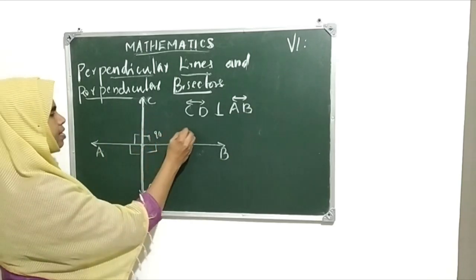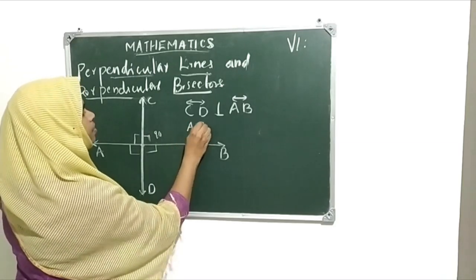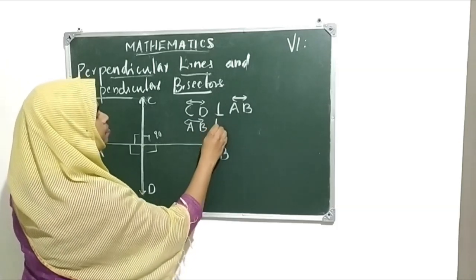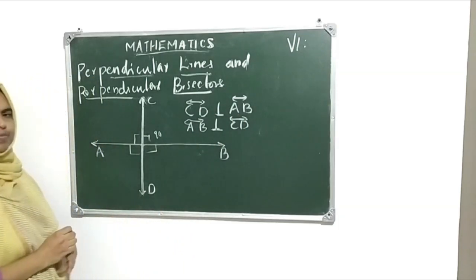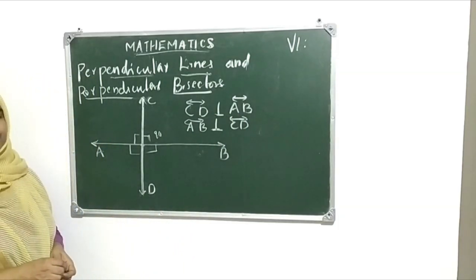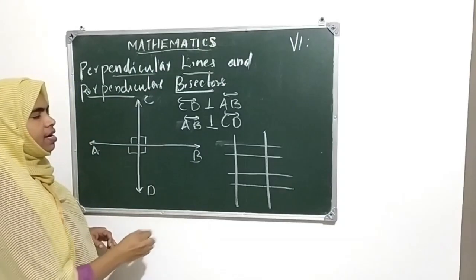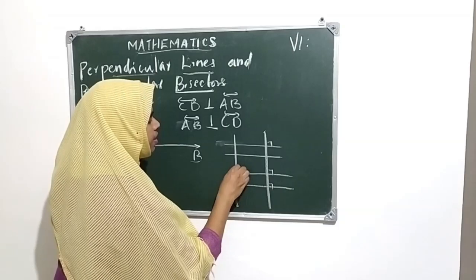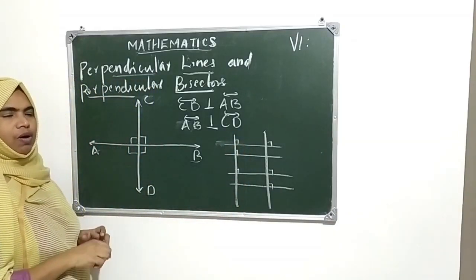We can write it as line AB is perpendicular to line CD. These are perpendicular lines. See here, the angle between the lines is 90 degree. These are perpendicular lines.